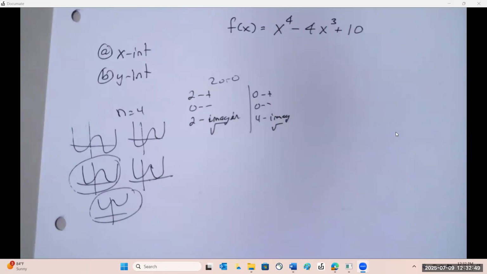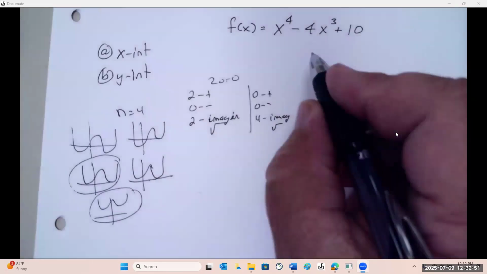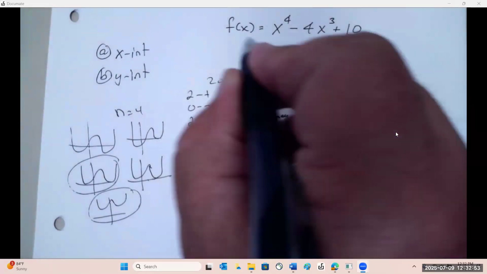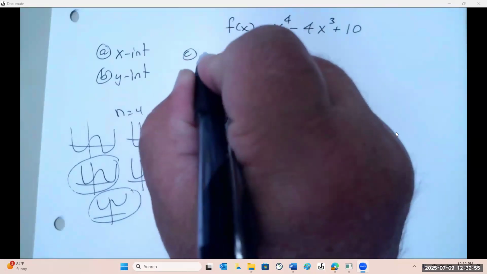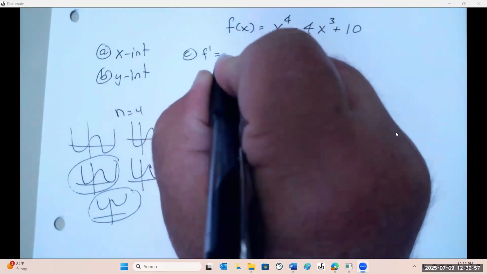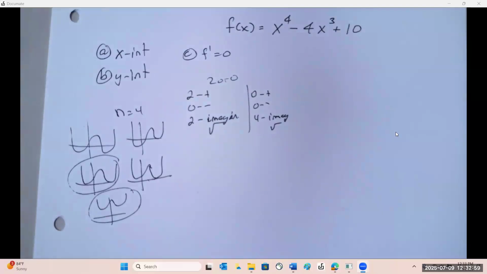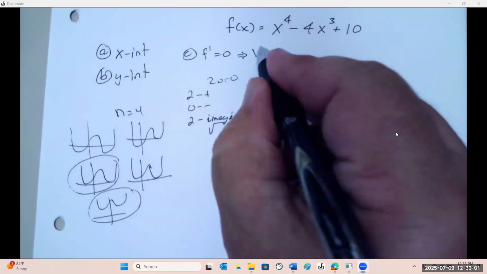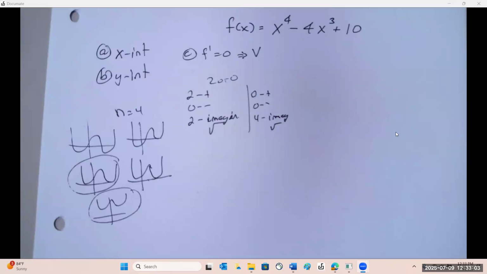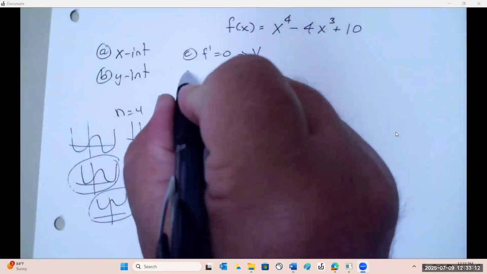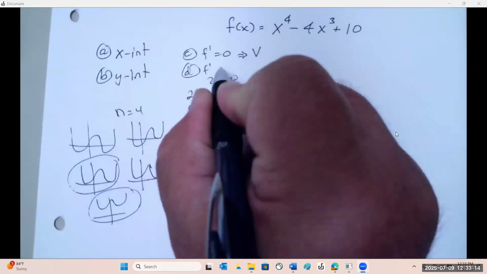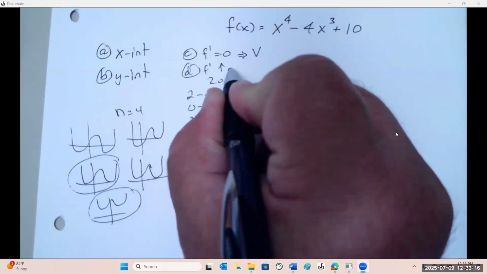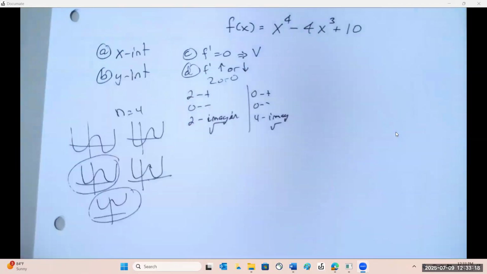Okay, what else can we find? Take the first derivative, set it equal to 0. What's that going to find for us? The vertices. And it's going to find for us where it's increasing or decreasing.